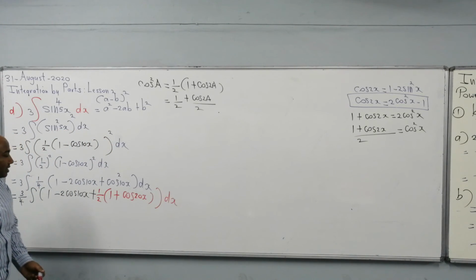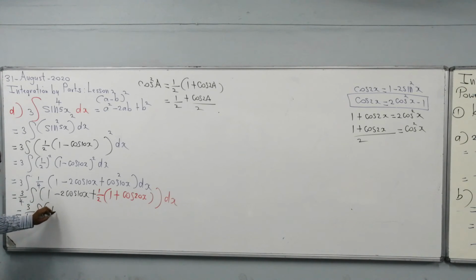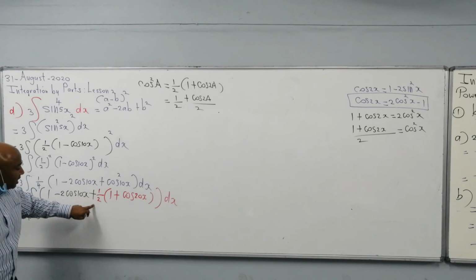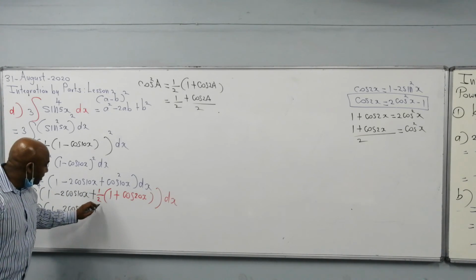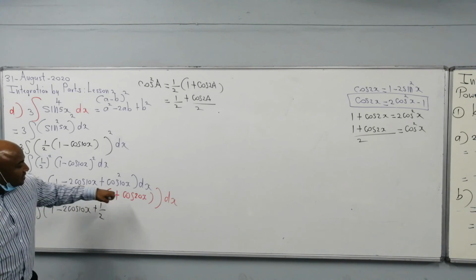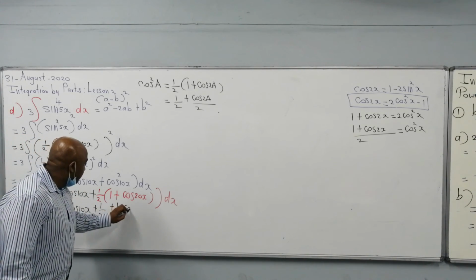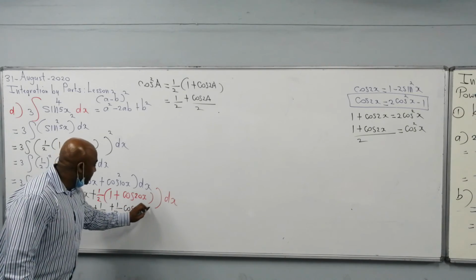Don't forget to close your brackets there. Now, just simplification here, remove the brackets. So that's going to be 3 over 4, 1 minus 2 cos 10x, and then half times 1 is half, and then half times cos 20x is going to be half cos 20x.